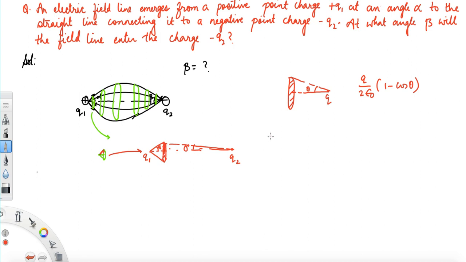Through this cross section, net electric flux is going to be q1 over 2 epsilon naught times 1 minus cos of theta, and in place of theta we put alpha, plus q2 over 2 epsilon naught, and by the way, this is negative q2. So q2 over 2 epsilon naught times 1 minus cos of theta, which is 0 degrees here. And since it is negative, a positive sign will be there, because the electric field due to this is going to be in the same direction.